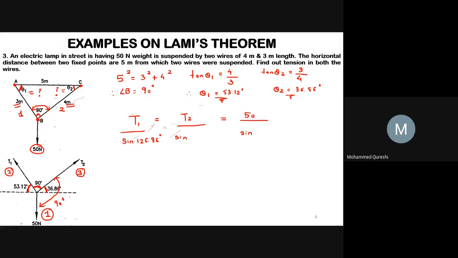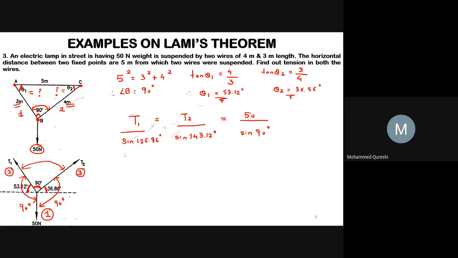Now for T2, the sine of the angle between the other two forces will be 90 degree plus 53.12, so you will get 143.12 degree. And lastly 50 kilonewton, and the angle between the other two forces, that is T1 and T2, will be 90 degree. So this will be sine 90 degree.